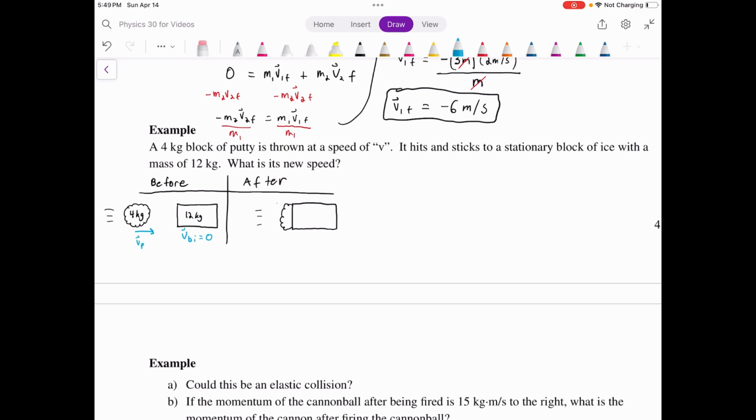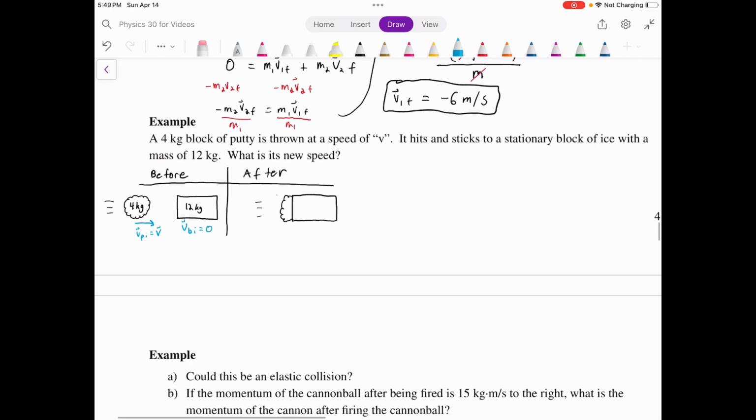V putty initial is, don't know the number, but they're just telling us it's v, the variable v. So what does the momentum look like initially? It's to the right, and right now it's entirely in the ball of putty. So our total initial momentum is just to the right. It's all coming from the putty.